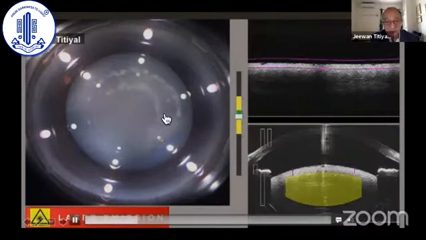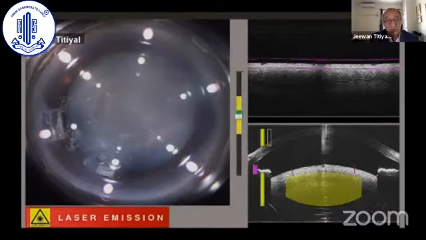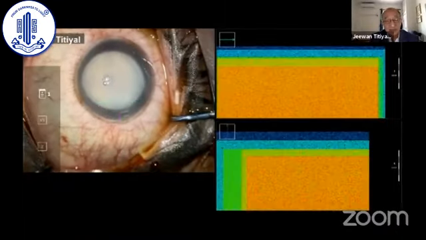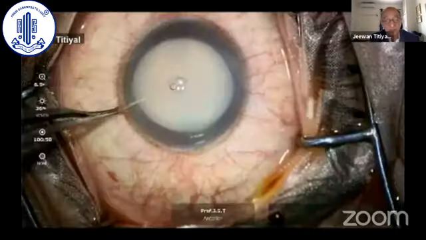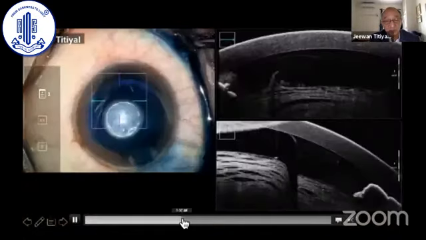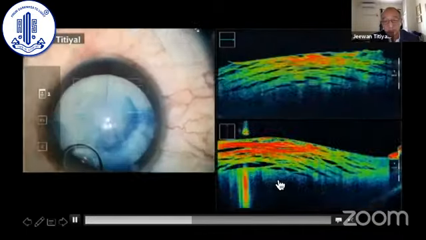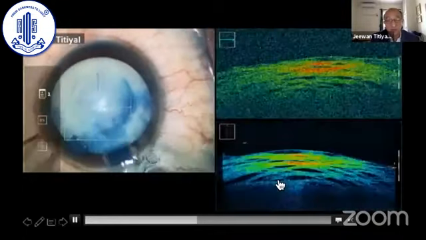Also, you can see here, as soon as we apply the femtosecond laser, the fluid coming out in the breast, that indicates this patient did have, despite having a type 4 type of white cataract, a raised intralenticular pressure. So in such cases, after aspiration of fiber, you can see these are fibers which are still seen. So this was between type 3 and type 4 type of white cataracts.